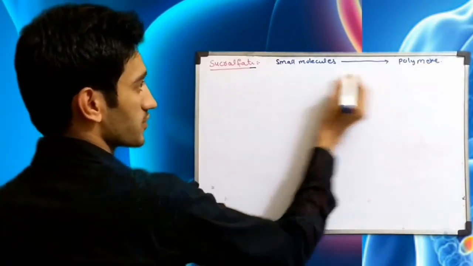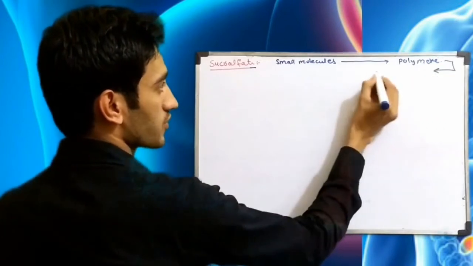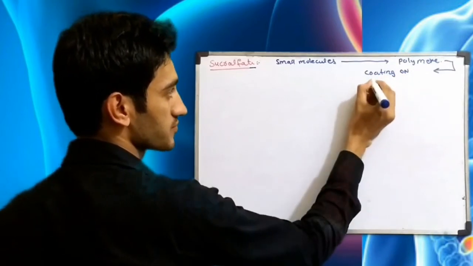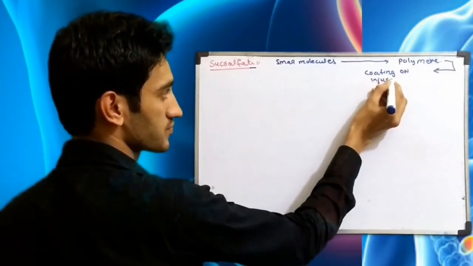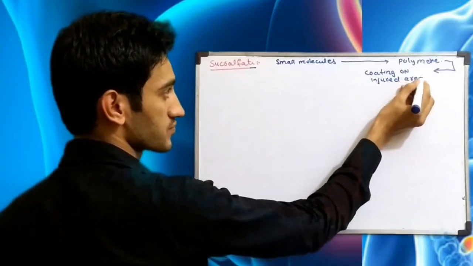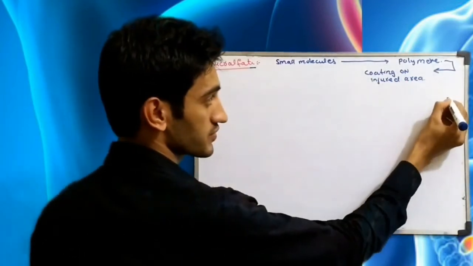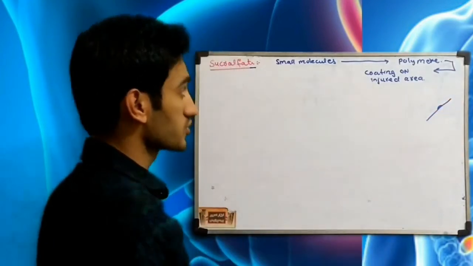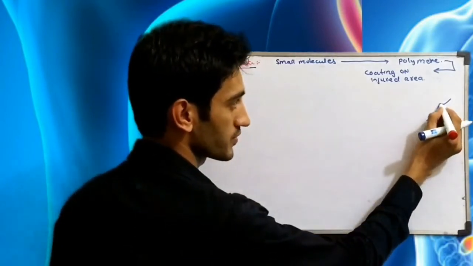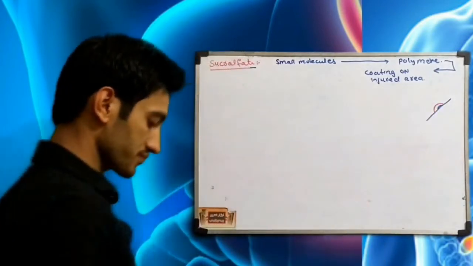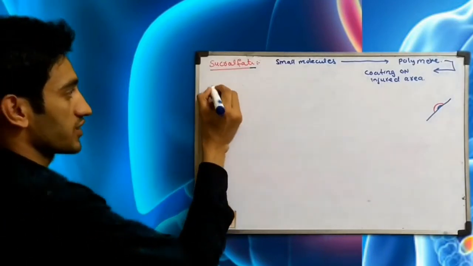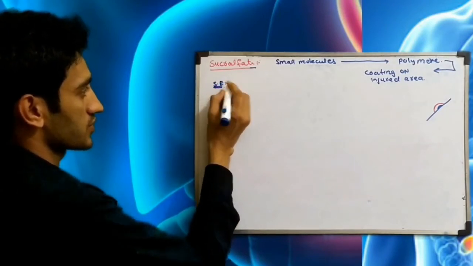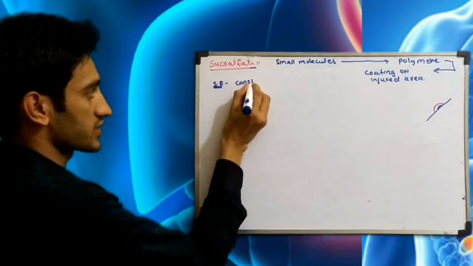And these polymers will form a coating on the injured area. For example, this is an ulcer. So the sucralfate will form a coating over the ulcer. What is the side effect? Side effect, it will cause constipation.